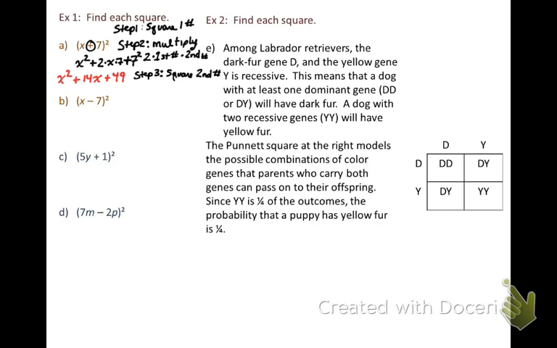We'll try it again. Again, we're going to square the first, which would be x squared. And then we put a minus sign on this one, minus, and then we go 2 times the first one times the second one.